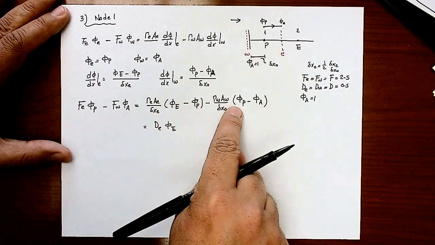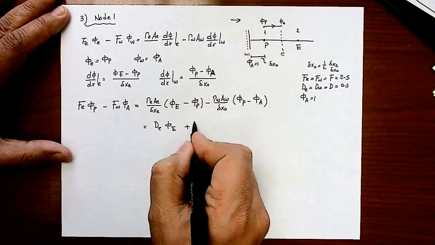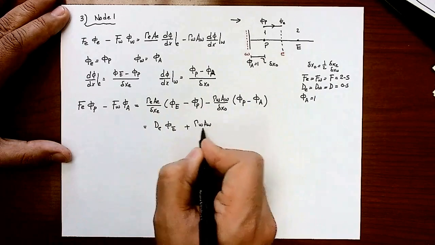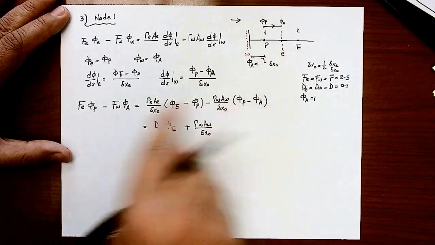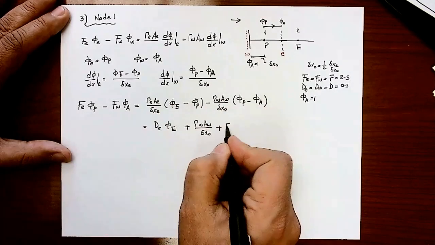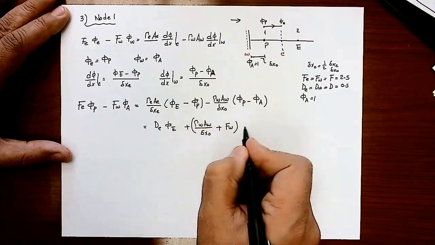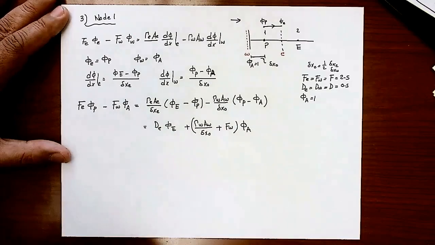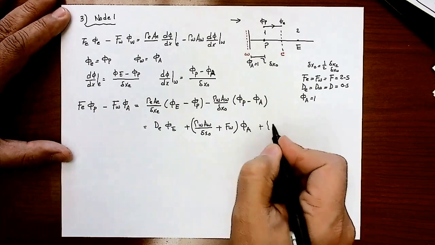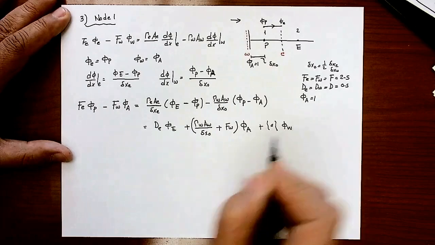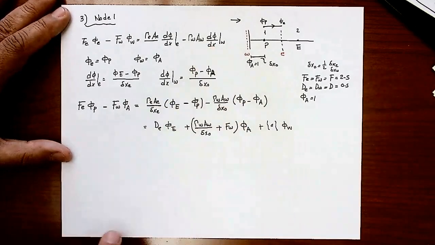I will have kappa west A west over delta x node times phi A. Then I have F west, also times phi A. So I'm going to collect the terms here. Then what else will we have? I will have 0 phi west. I have nothing in the west. There's no cell on the west side.